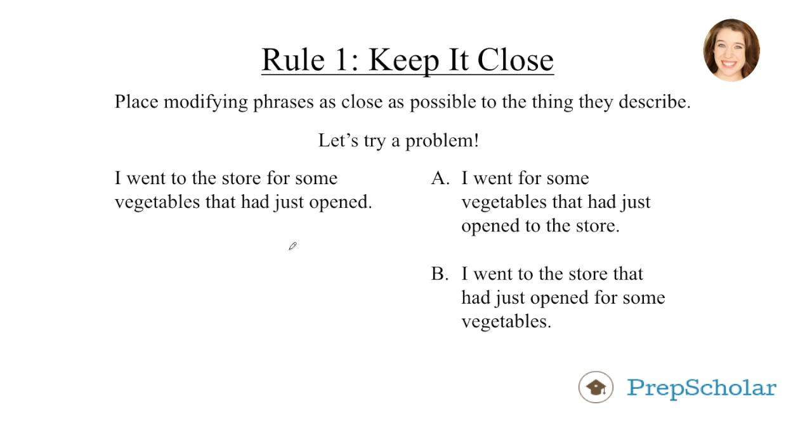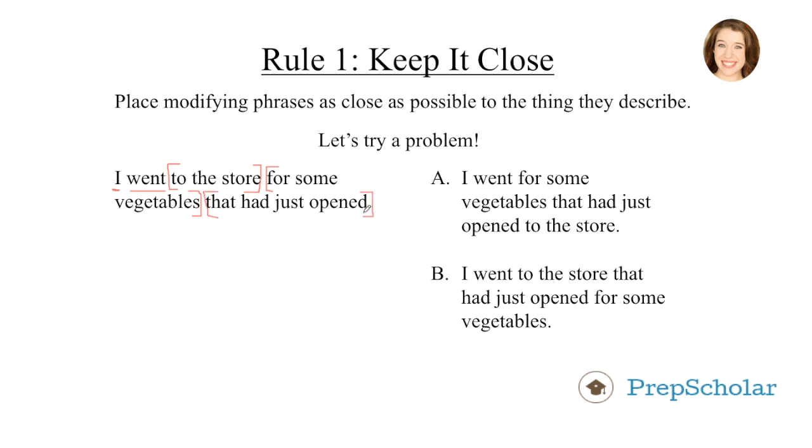So in this initial sentence, we're told that this person, I, the subject of the sentence, went, so that's our subject and our verb, to the store, that's our first phrase here, for some vegetables, the second phrase, and a third phrase, that had just opened.